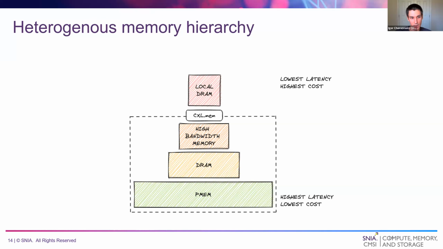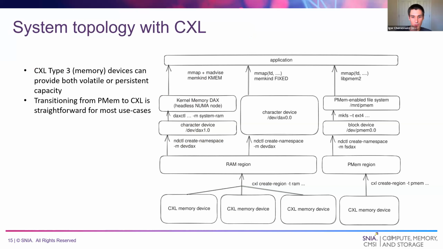Just keep in mind that the performance characteristics will be different and will depend on the actual medium. CXL devices can provide both volatile and persistent capacity, and this can be true even for a single device, right? So on a single device, you can have both volatile and persistent memory in some ratio. And this means also that it should be pretty straightforward for most use cases to transition from PMEM to CXL.